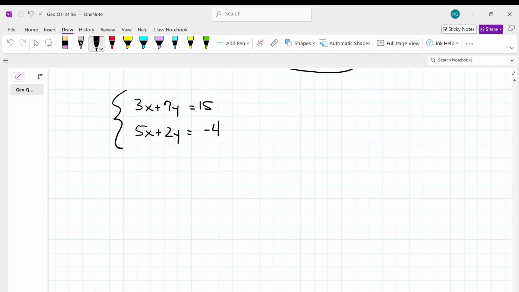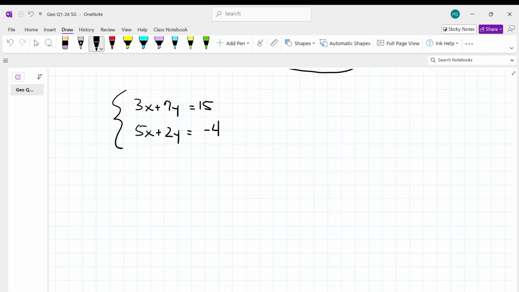All right, so this takes a little bit of thought. If we add the equations together right now, 3x plus 5x gives us an 8x. 7y plus 2y is 9y. And 15 minus 4 is 11. So nothing would get eliminated.